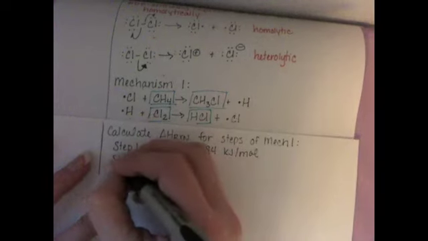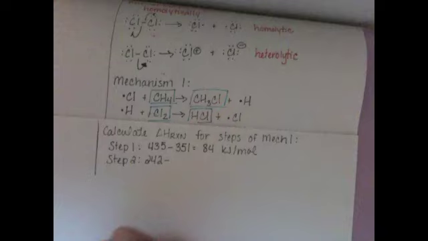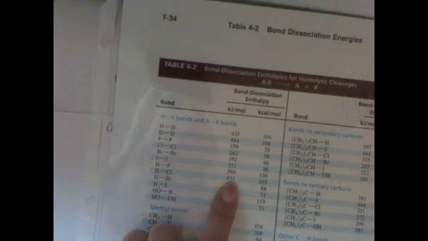Step 2 of that same mechanism, the delta H of the reaction: the bond that is broken is the Cl2 bond, right here, 242, minus the bond that we form, HCl, from the table, it's right here, 431.